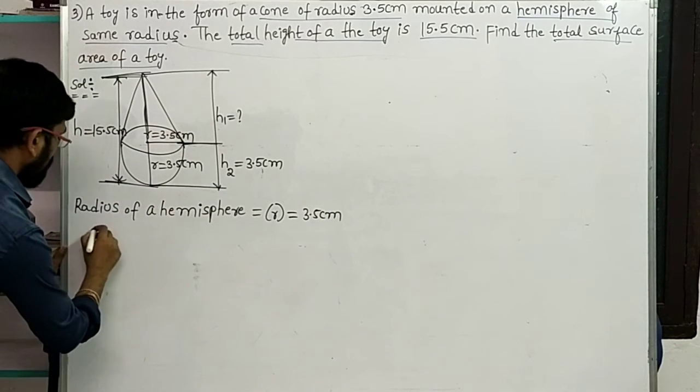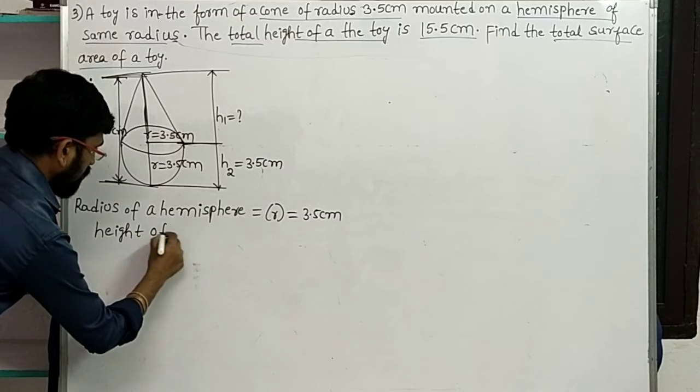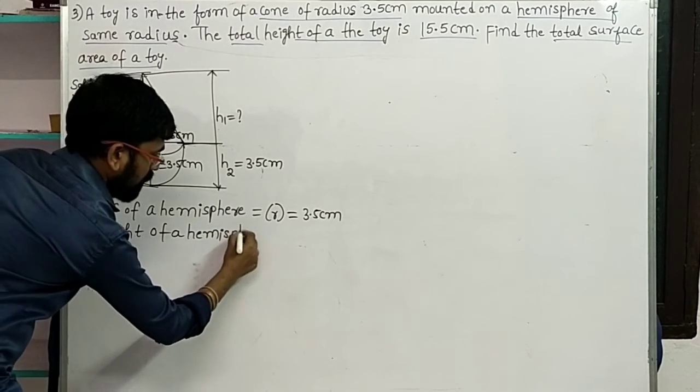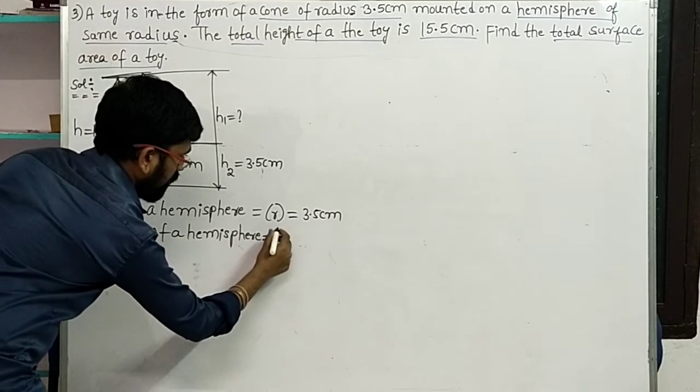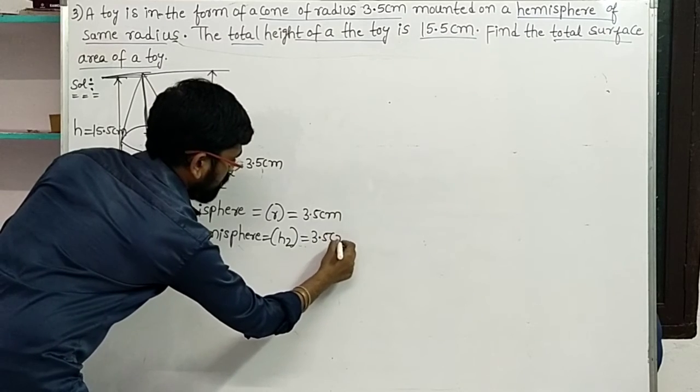The height of the hemisphere is h2, which is 3.5 centimeters.